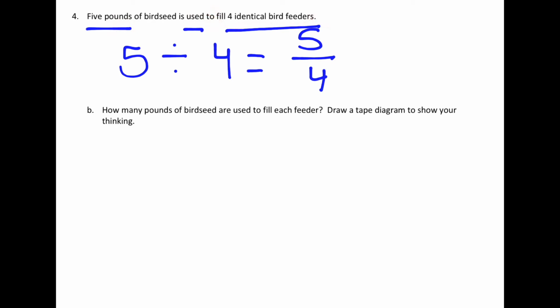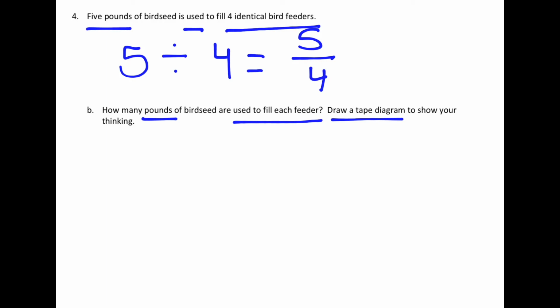Now, B is asking us how many pounds of birdseed are used to fill each feeder. Draw a tape diagram to show your thinking. Let's go back to marking our key words. How many pounds are used to fill each feeder? Draw a tape diagram.